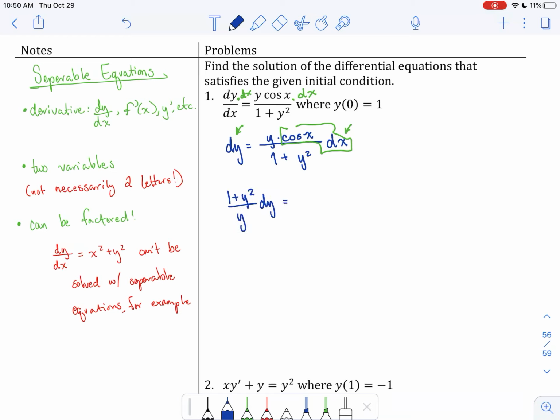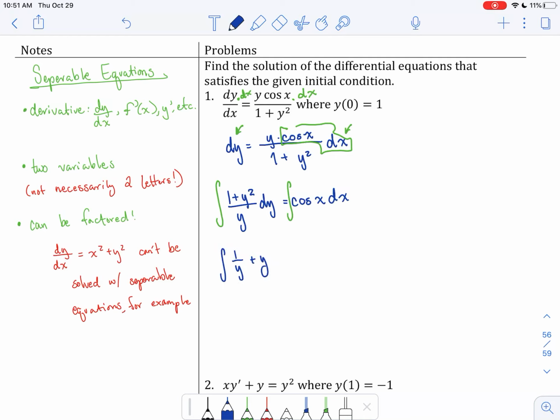Now, what I'm going to do here for the y side is separate that equation into 1 over y plus y, so I can take the two terms separately. And then the integral of cosine of x is one of our nice straightforward trig ones.